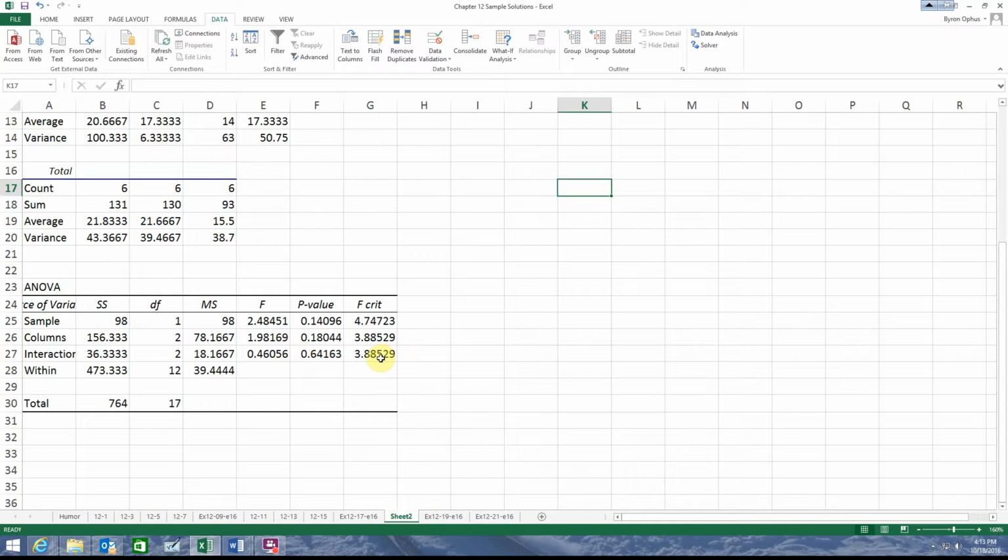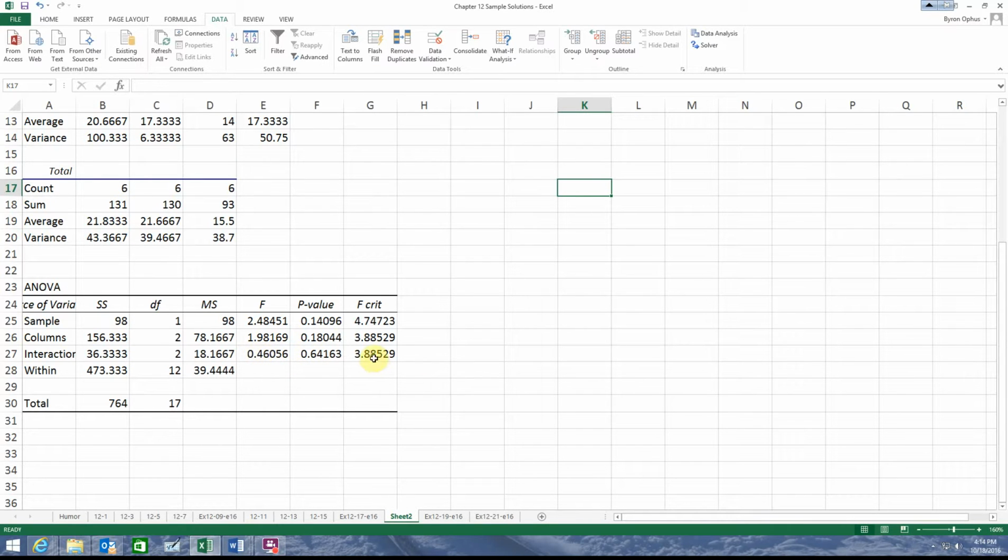Now, when it comes to the interaction, we would say, using the F value, that our null hypothesis, I've got to rephrase that, I'm sorry, is that there's no interaction.